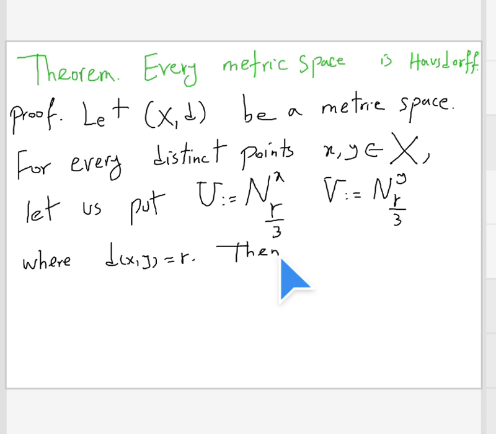Then x belongs to U, y belongs to V, and U intersection with V is empty.